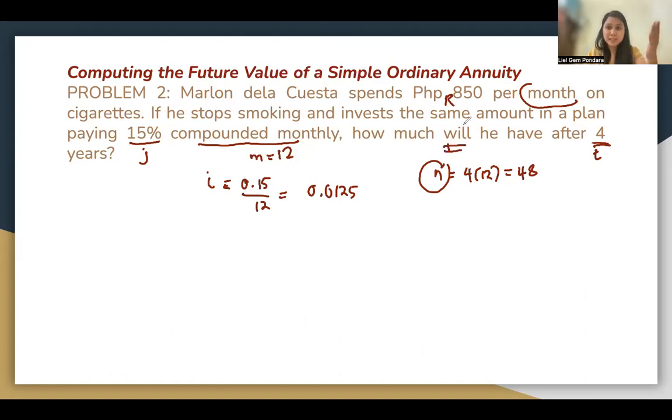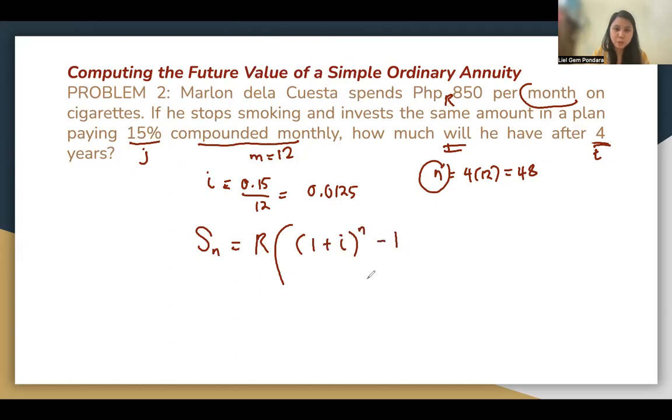How much will he have? So it means that we're looking for the future value, still S of N. You start memorizing R times 1 plus I to the power of N minus 1 over I. For present, you subtract it from 1.